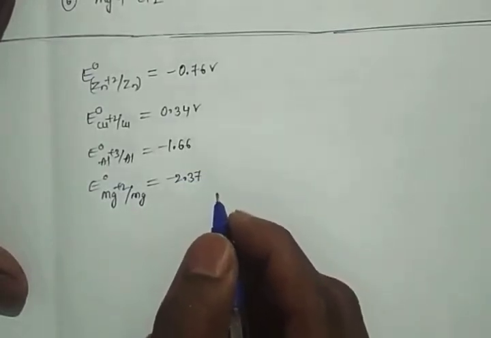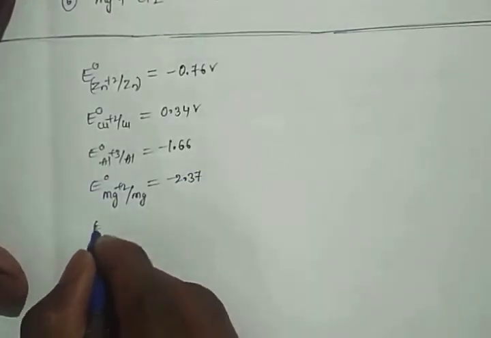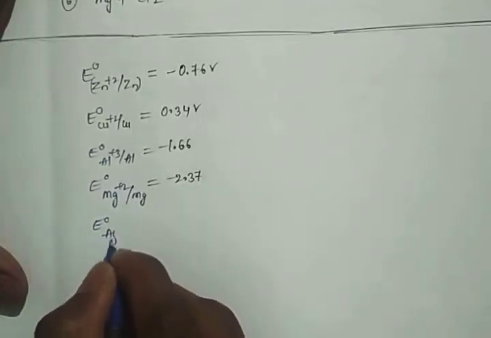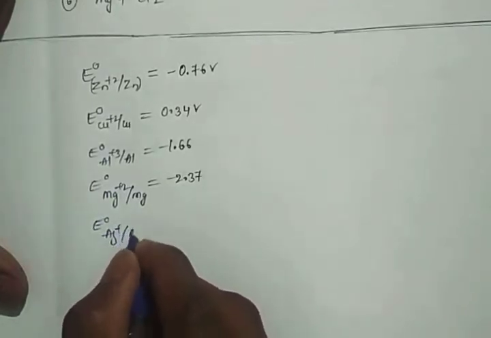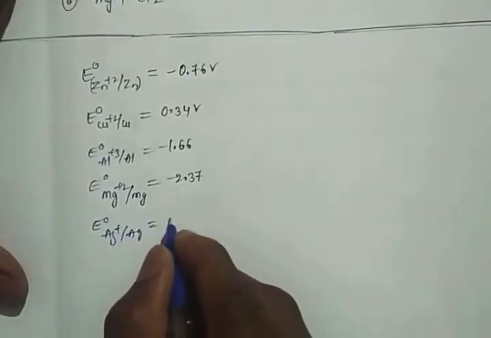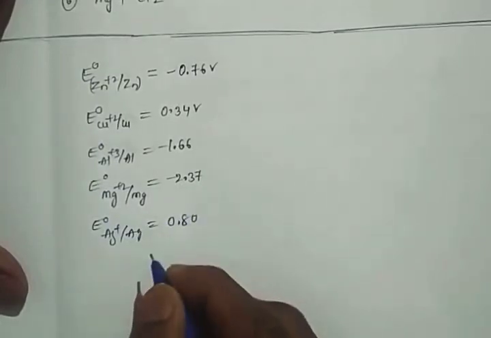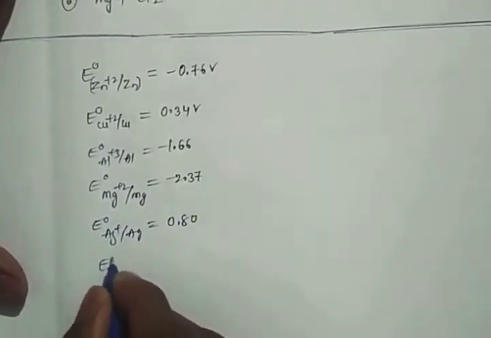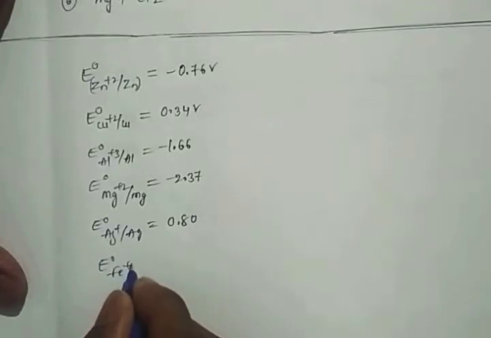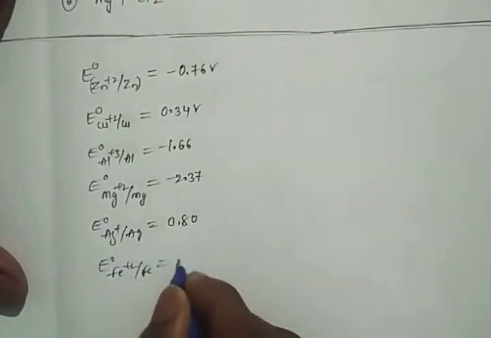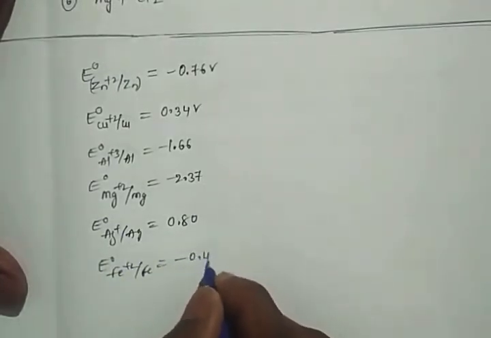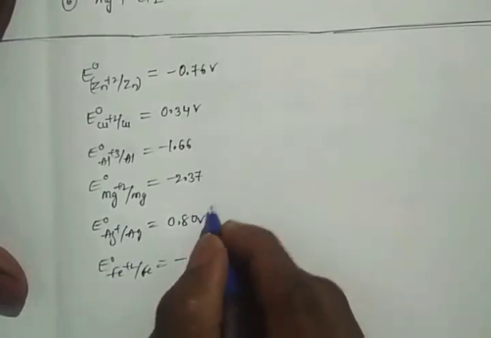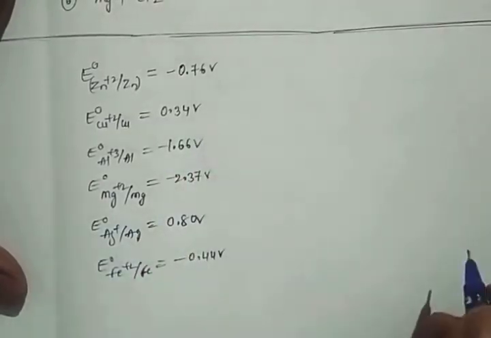Electrode potential of the silver couple is 0.80. Electrode potential of iron is minus 0.44. These are just some of the values I have mentioned here.